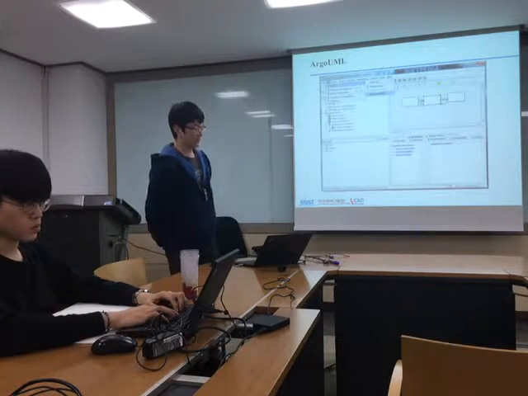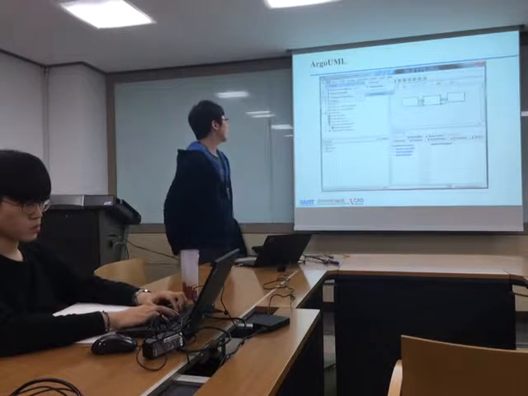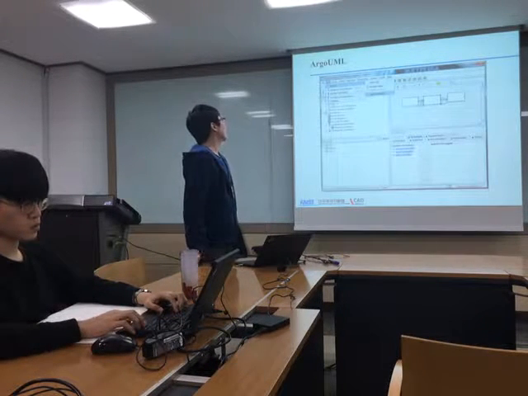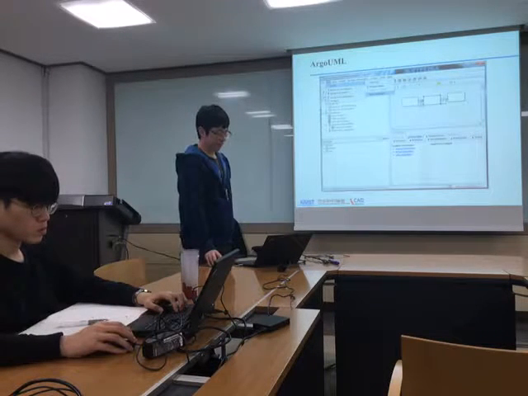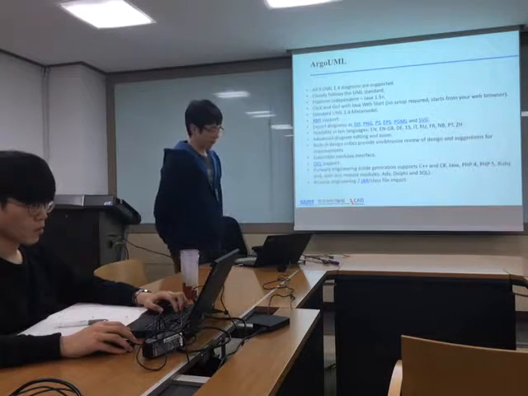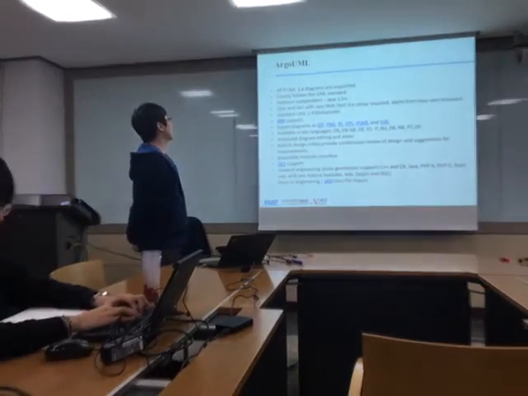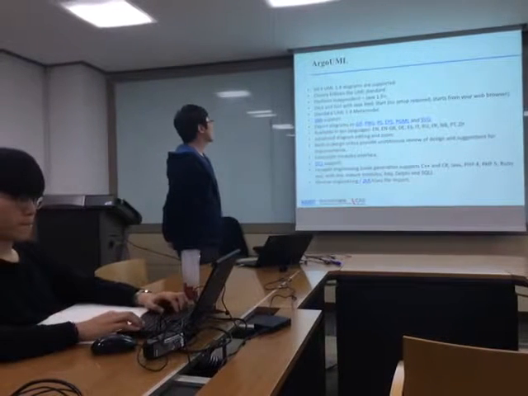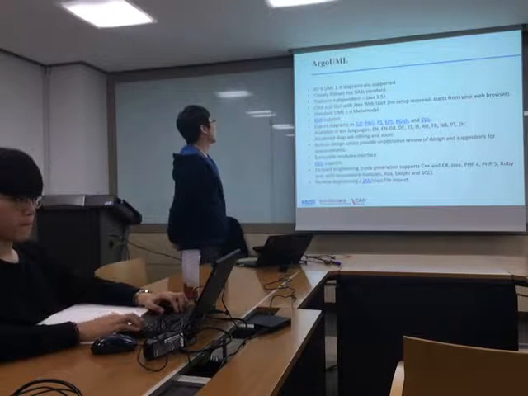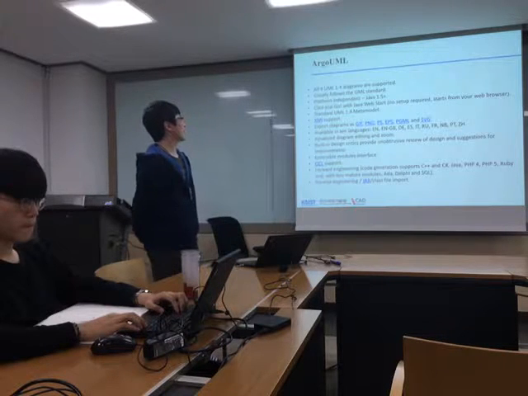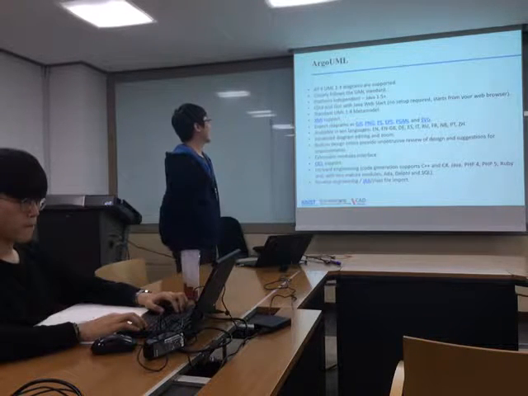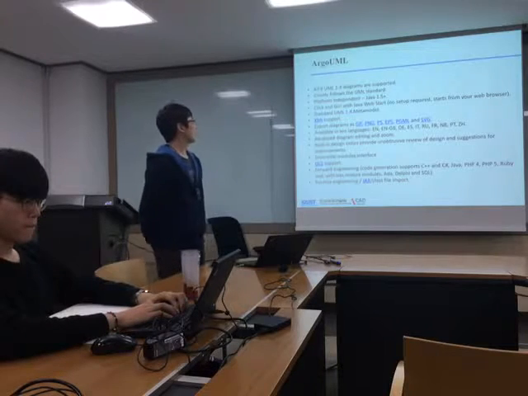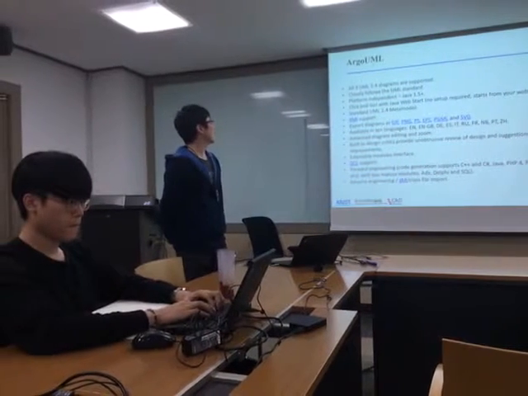And fourth one is ArgoUML. This is ArgoUML's program and ArgoUML's picture. And there are many features of ArgoUML. All 9 UML 1.4 diagrams are supported and it closely follows the UML standard.